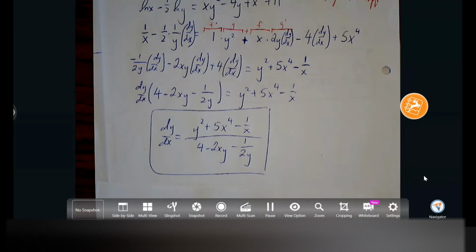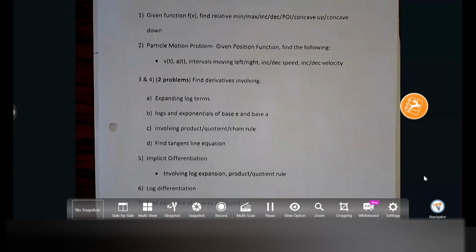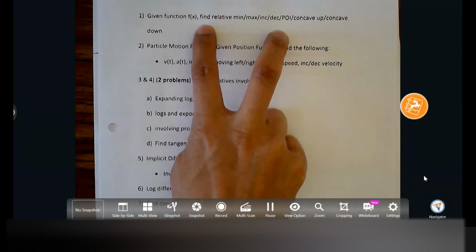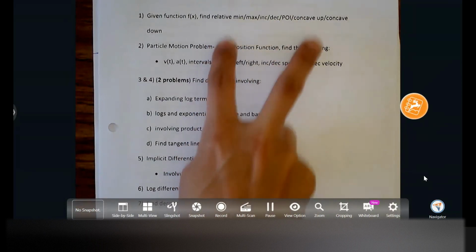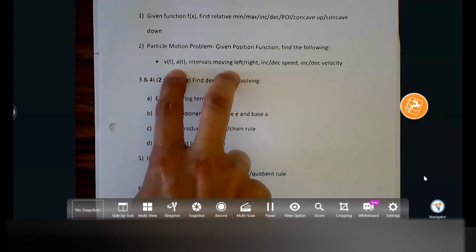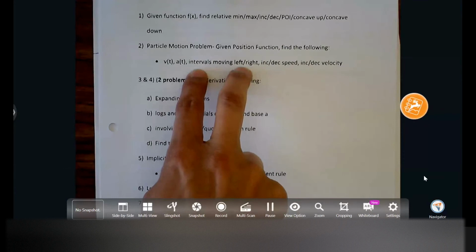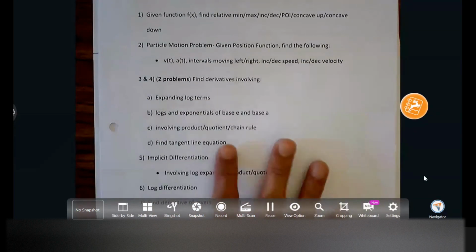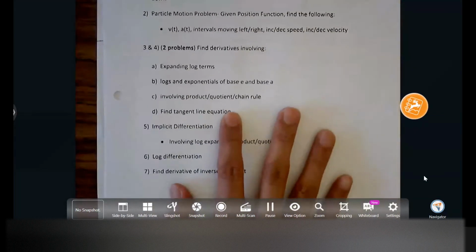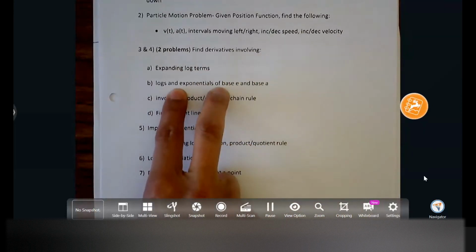Okay, any questions here? Here are the test topics. First derivative test, concavity test, particle motion, velocity, acceleration, creating your velocity sign line, acceleration sign line, increasing and decreasing speed, increasing, decreasing velocity, finding derivatives, but sometimes that may involve expanding log terms.